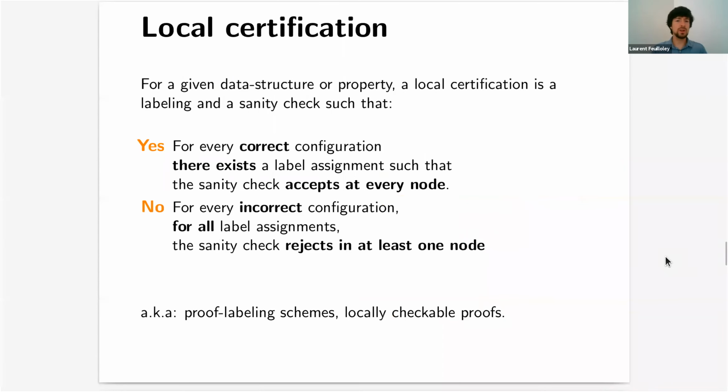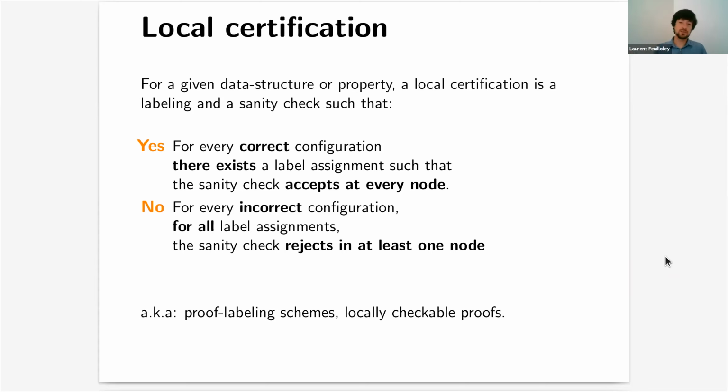So I hope I have quickly convinced you that this labeling and this sanity check that I've been describing have this property that I've been telling you about, these yes and no conditions. And in more general terms, for a given data structure or property, I would say that there is a local certification if there is a labeling and, more importantly, a sanity check such that these two conditions hold, okay?